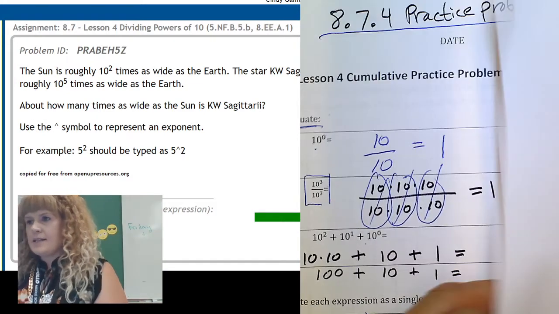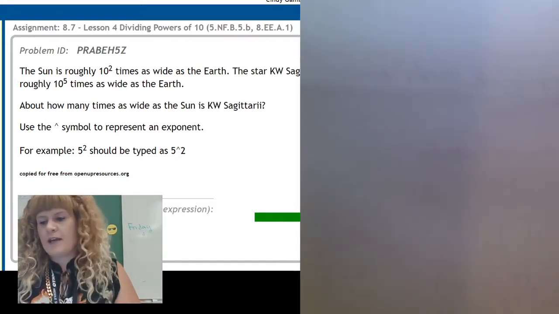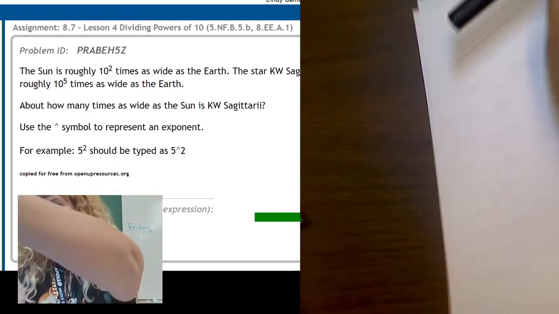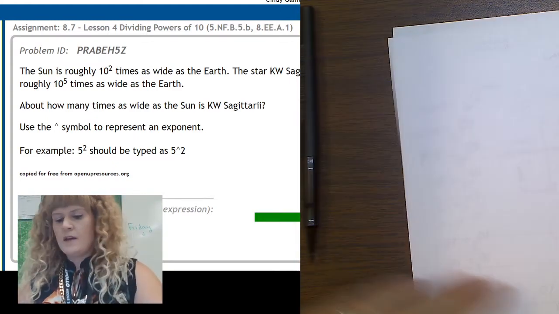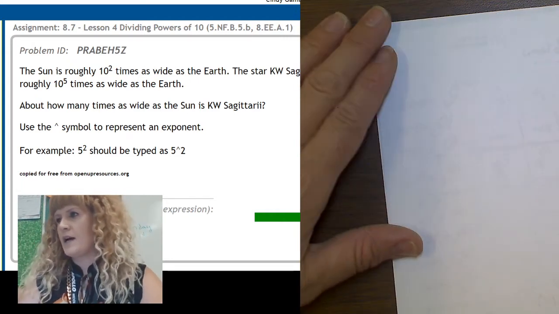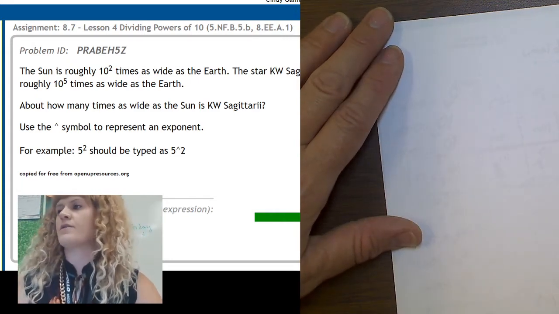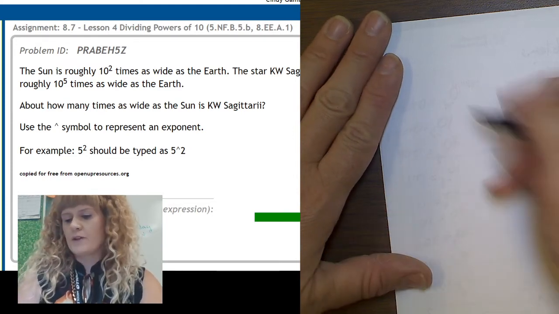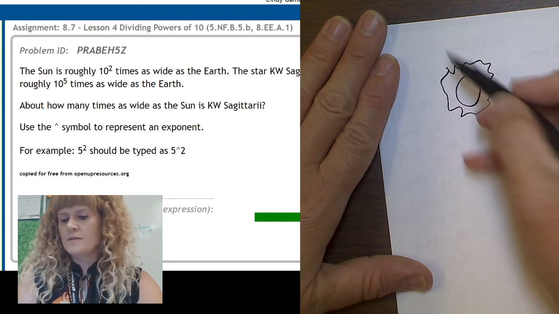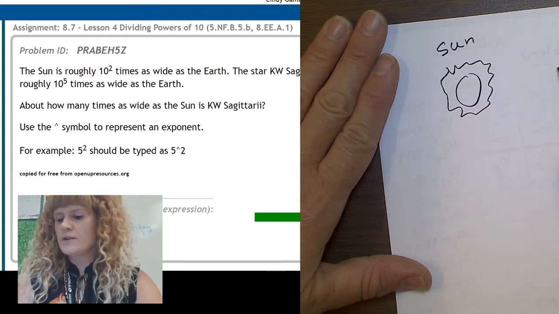It says the sun is roughly, so we're just going on notebook paper now. No problem, right? The sun is roughly 10 to the power of 2 times as wide as the earth. I think I'll draw a picture. Here's the sun. Here's the earth.